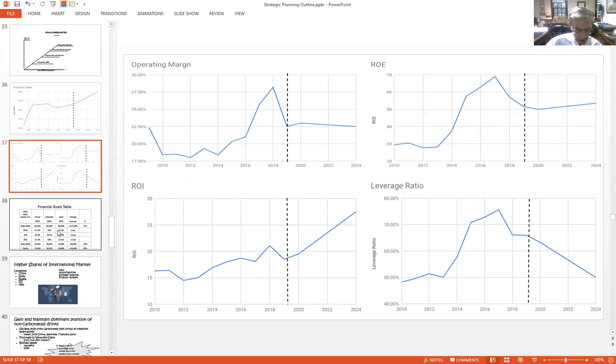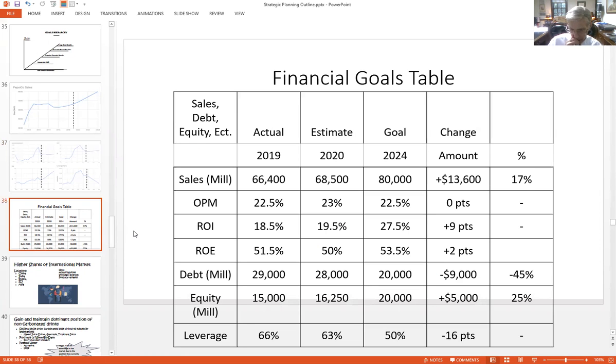Okay. Here's the way that we summarize the financial results. I don't know whether this little picture is in the way, so I'll get it out. But this is a table that we usually use to characterize changes in our vital financial results between our most recent results, the estimate for the current year, and the goal.